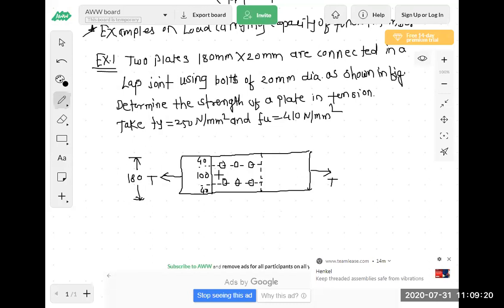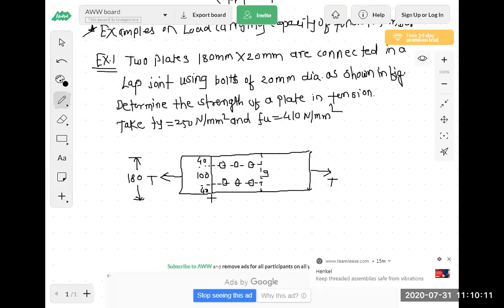So out of 180, 100 is this gauge distance they have given. 180 by 20 is the thickness they have given, thickness of plate.